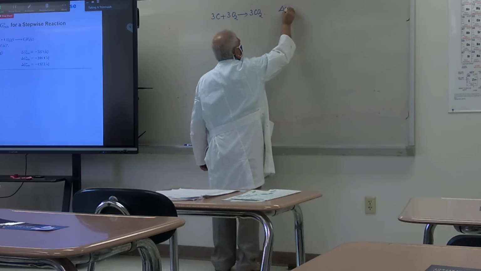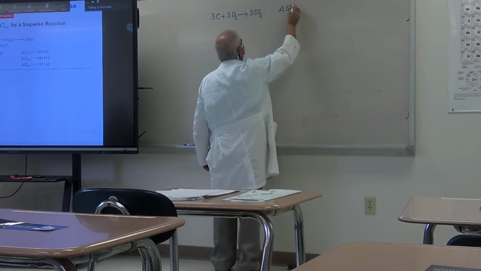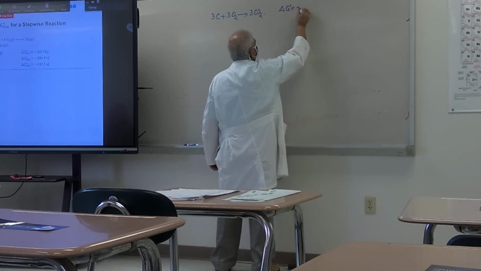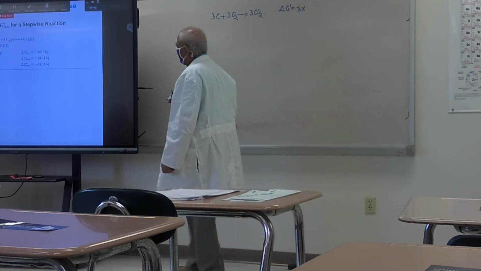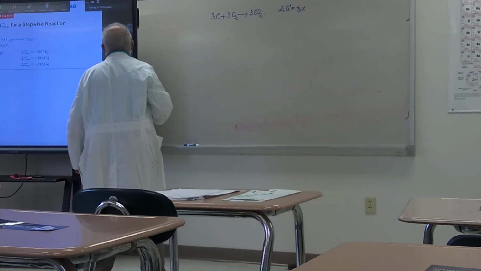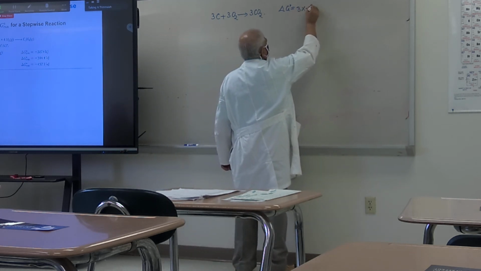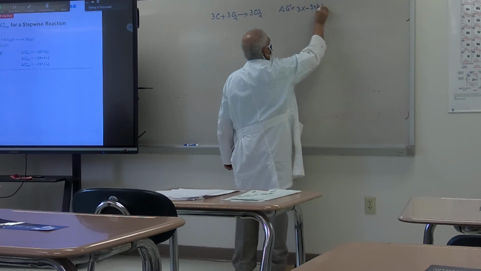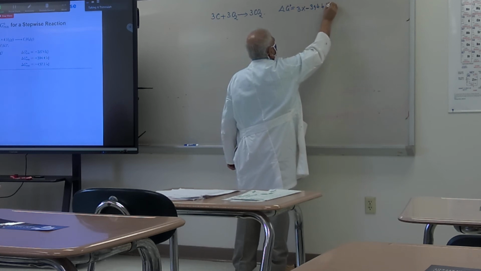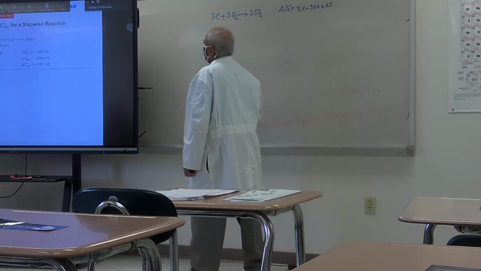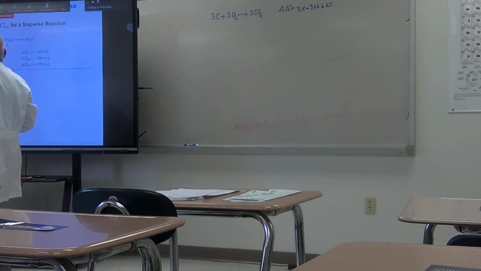Then your delta G0 is going to be what? 3 times negative 394.4, correct? Is it minus? Yes. 3 times 394.4 in total. Okay, then 3C, got it, correct?